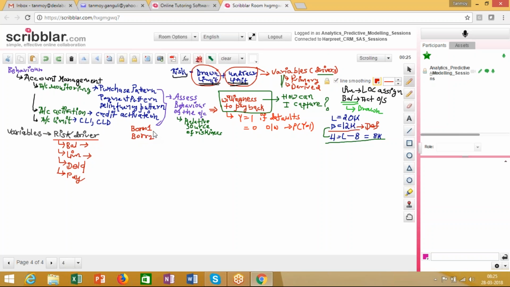Borrower one has a limit of 1 lakh, and borrower two has a limit of 50. This is called L1 and this is called L2.